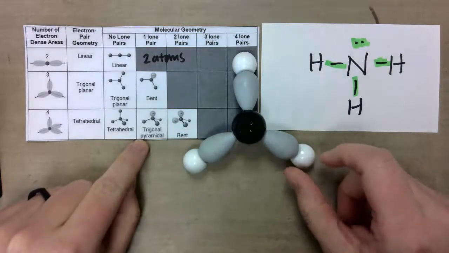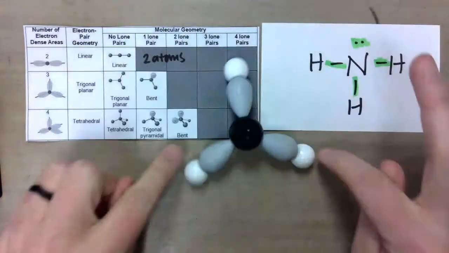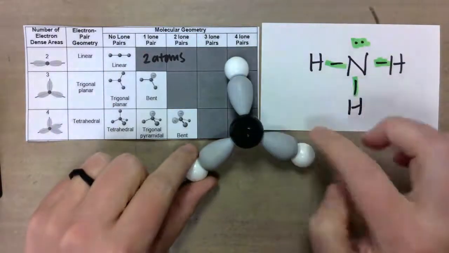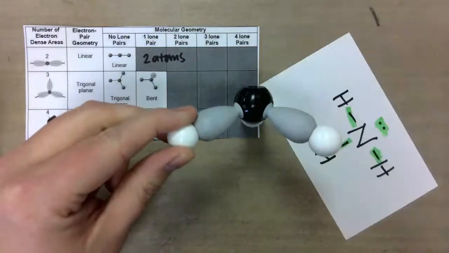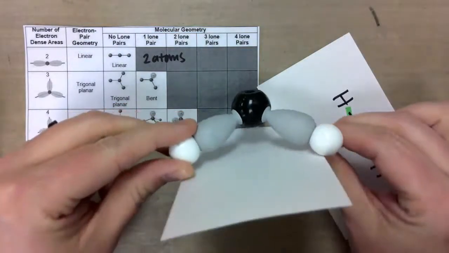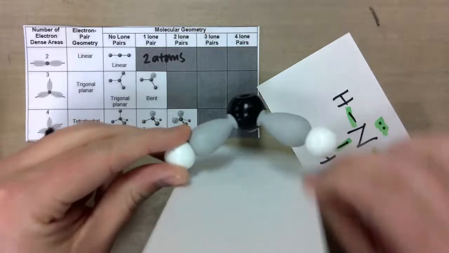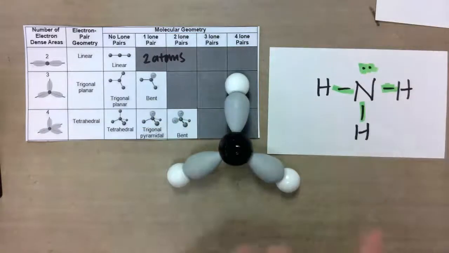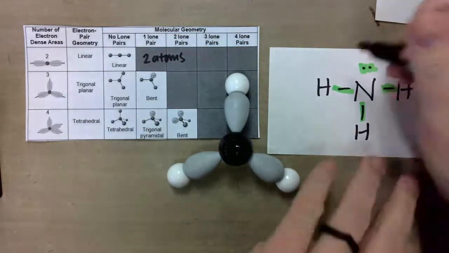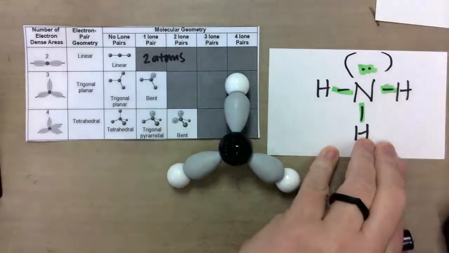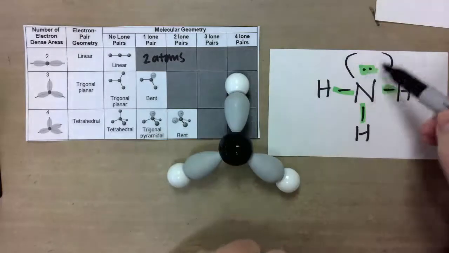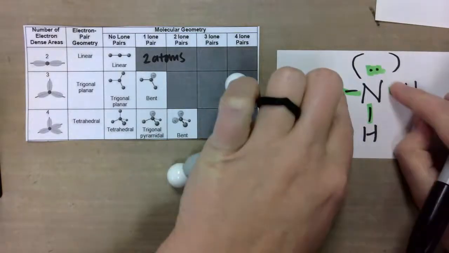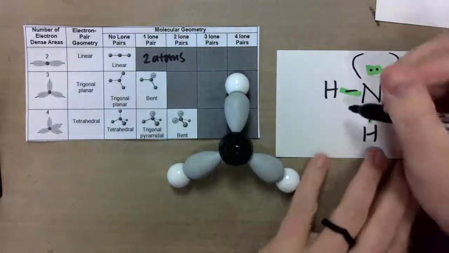And the reason why it's trigonal pyramidal is because it looks like a triangle. Okay. And if we put it flat, it looks like a little pyramid. So if I were to put a sheet of paper here, this is going to sit above it like a little pyramid. Okay. Now, because this electron pair here takes up a disproportionate amount because it's not bonded, it's not stuck between 2 atoms, it just gets to kind of move around up here, it's going to squish these bonds a little bit closer to each other.